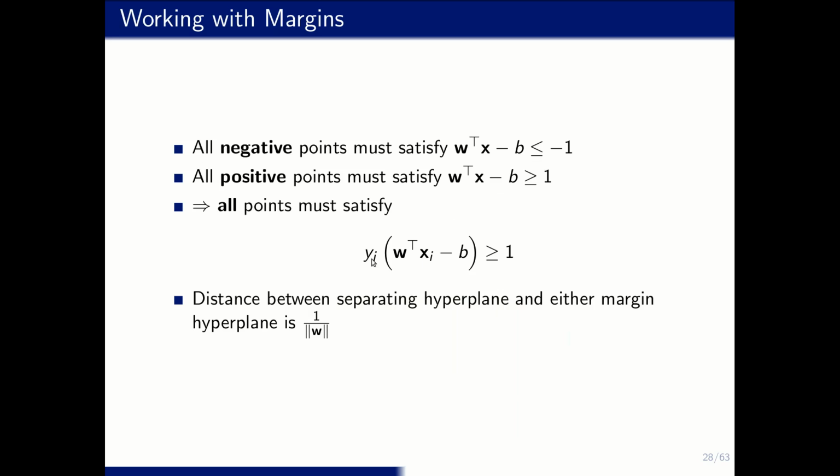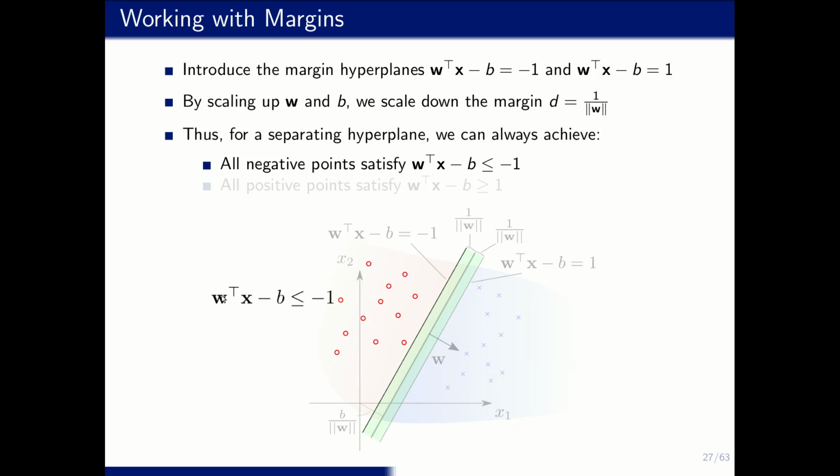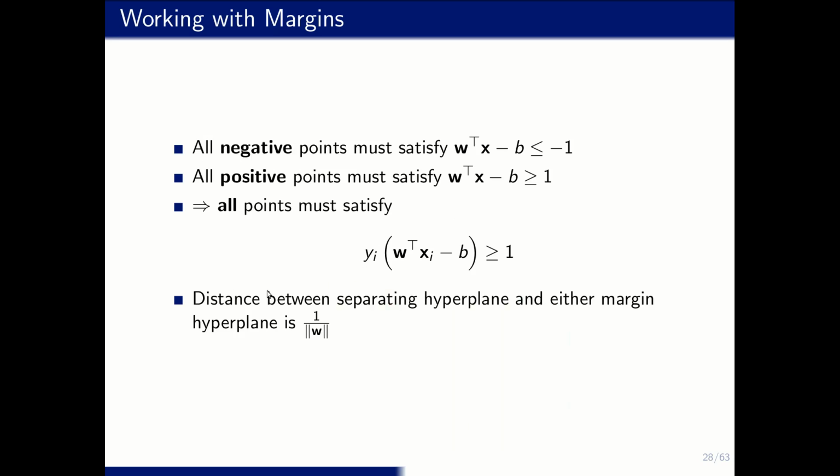Now we can use this to formulate our optimization problem. We enforce these two constraints for the negative and the positive points. All the negative points must be on the correct side of the negative margin hyperplane, w x minus b smaller equal -1, and all the positive points must satisfy w x minus b larger equal 1.